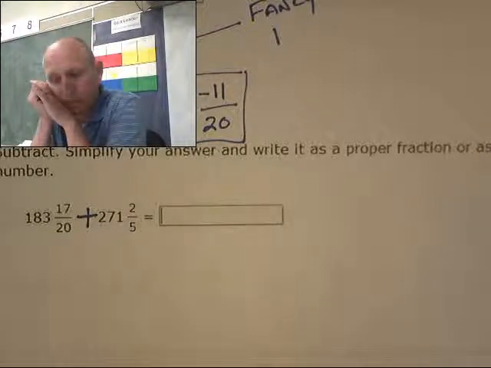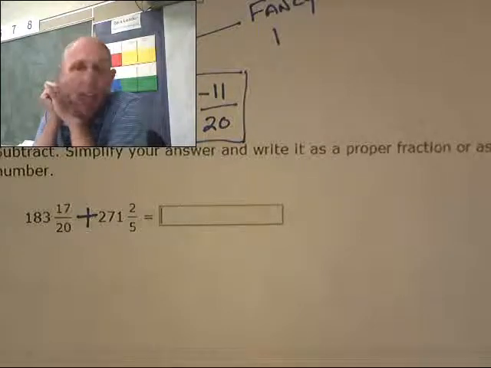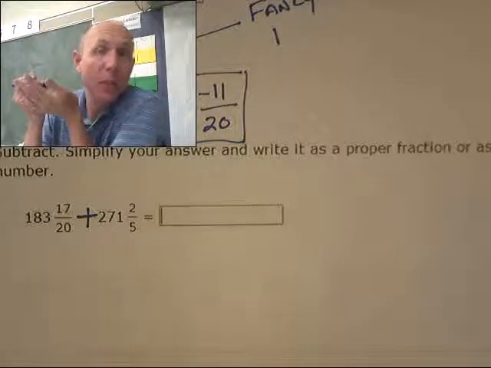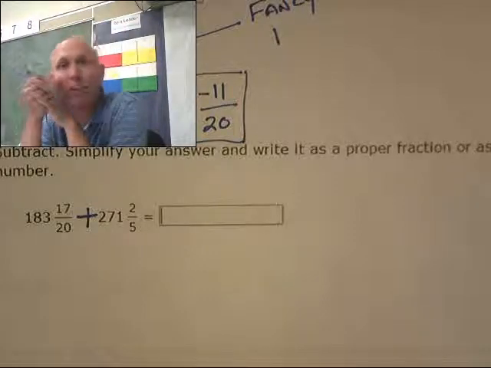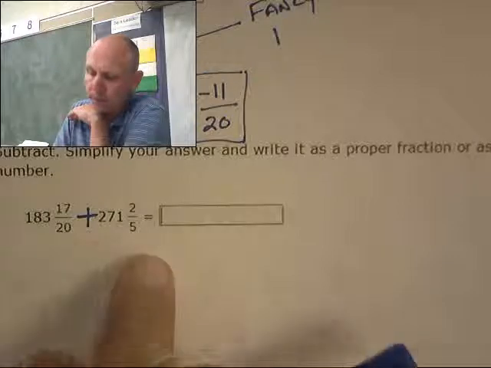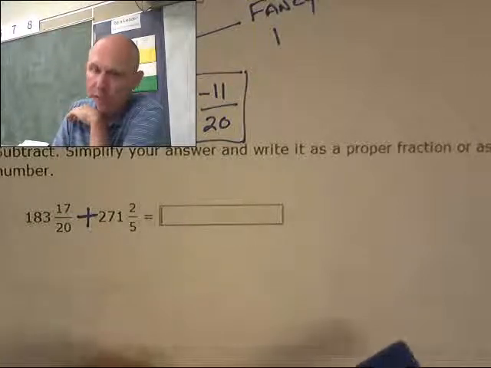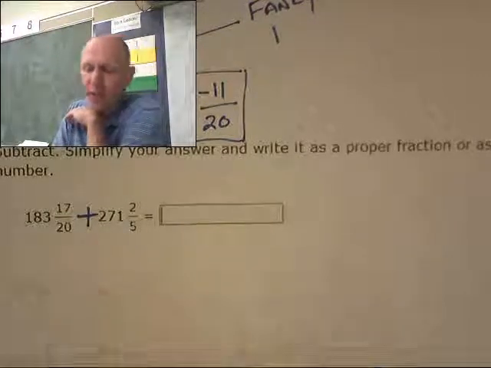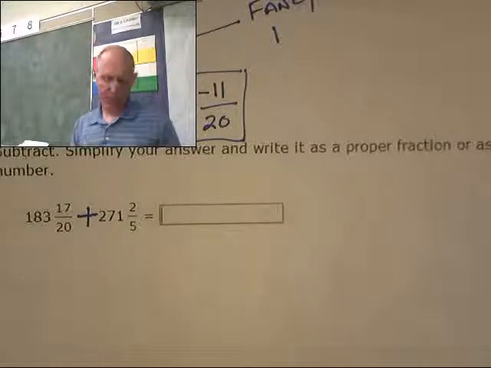Two fifths and 17/20. That's going to take it up to 20. We can try. Okay, so here's what I'm contemplating. Do I want to turn these both into improper fractions and then work it that way? Or do I want to work the integers and then work the fractions and then try to combine that into a final answer? Let's see if we can work it as integers and fractions first.